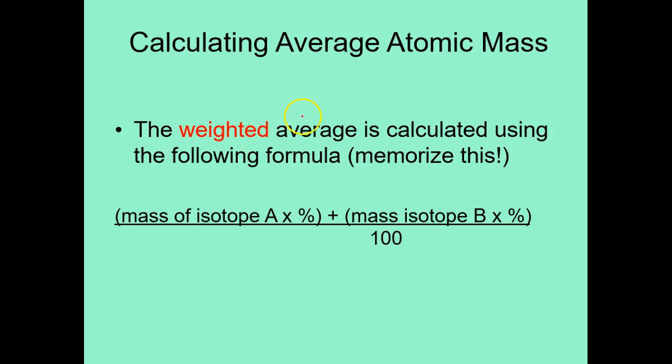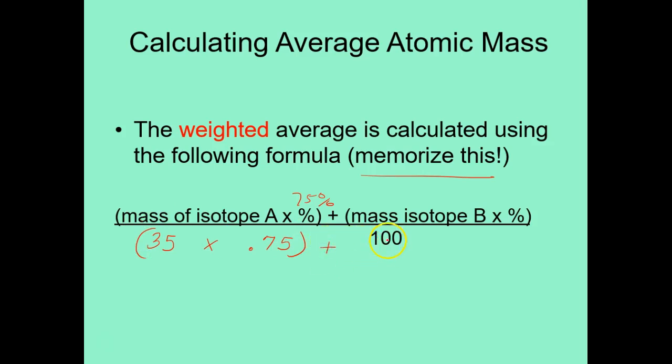A weighted average is calculated with this formula. Memorize this. It'll also help you if you want to know what your grade is. Your mass of the isotope times your percent. So our mass was 35, multiplied times 75%. What we're going to do with this percentage is turn it into a decimal, 0.75. Don't forget your parentheses.